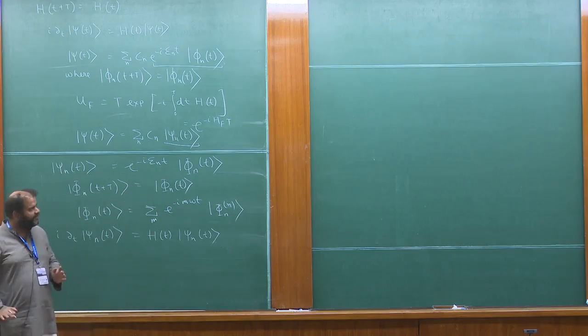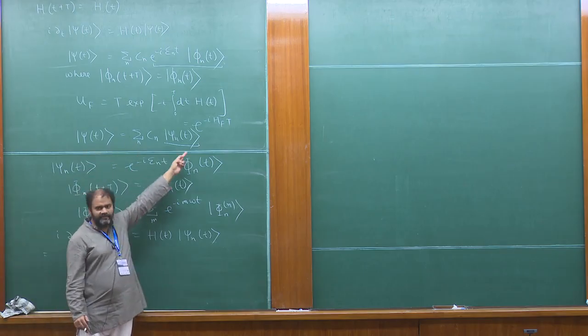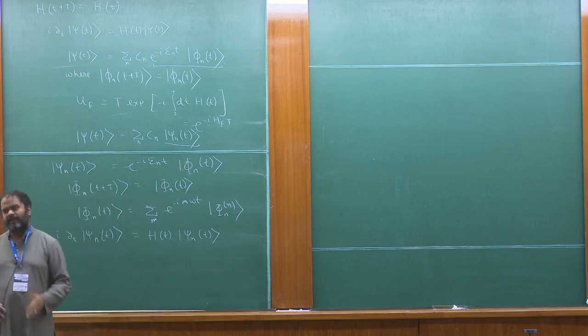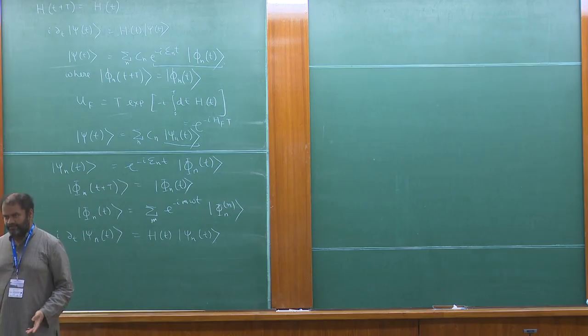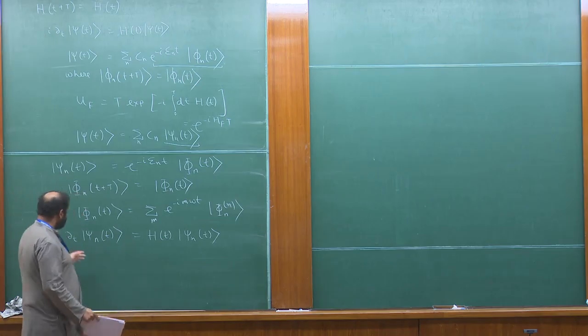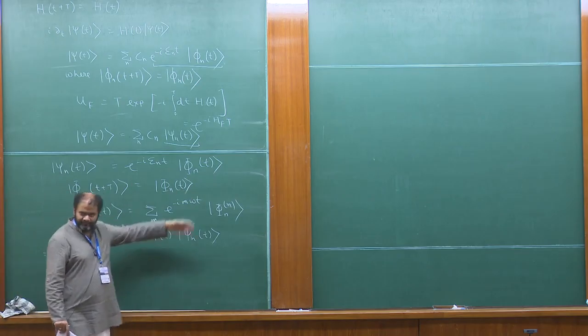The only thing that I have said is that because psi of t is written as sum of Cn psi n t, these psi n t's have to be the solution of the Schrödinger equation. Because if I had set one of these C's to be 1, then this would describe the exact evolution. Good. So what I do is, I want to just plug this in here.